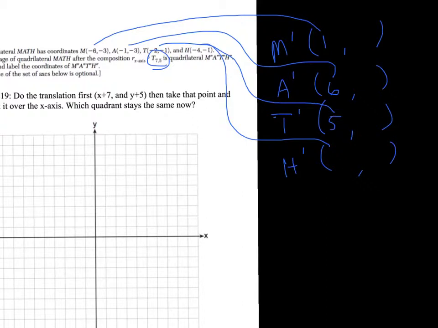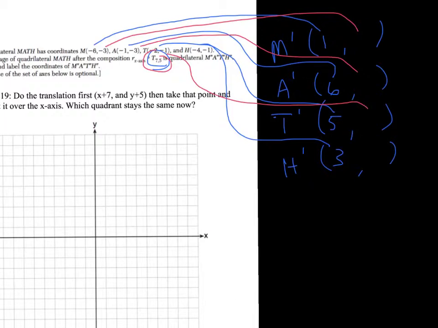And negative 4 plus 7 would be 3. Again, don't hesitate to use your calculator to help you out. The 5 in 7, 5 means to add 5 to all of the y's that are there. So I'm going to take each y and add 5 to it. So negative 3 becomes 2.